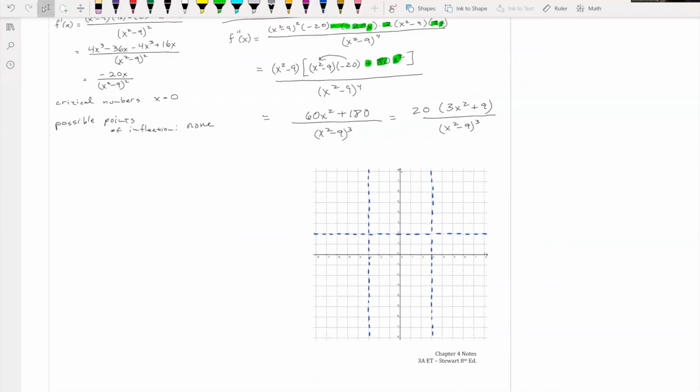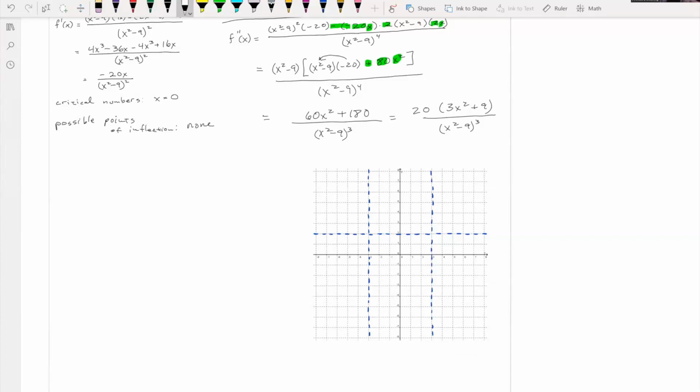We're going to build one big table. What we really need is to see where things switch from increasing to decreasing, or concave up to concave down. That happens at critical points and possible points of inflection, but it also happens at asymptotes.